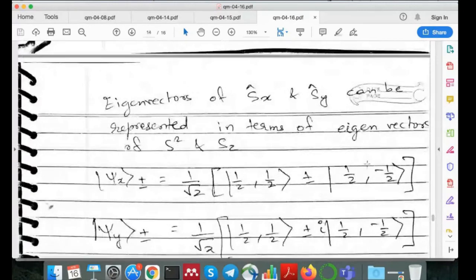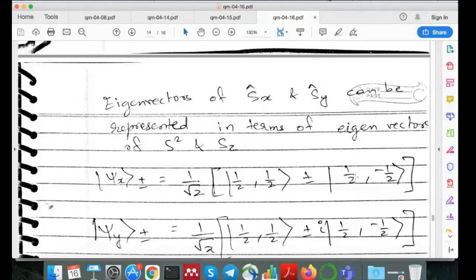Essentially, we can write the eigenfunction of the Sx and Sy operators as a linear combination of these two eigenvectors, the linear combination of half half and half minus half. So psi x plus or minus would be 1 by root 2 into ket half half plus or minus ket half minus half.